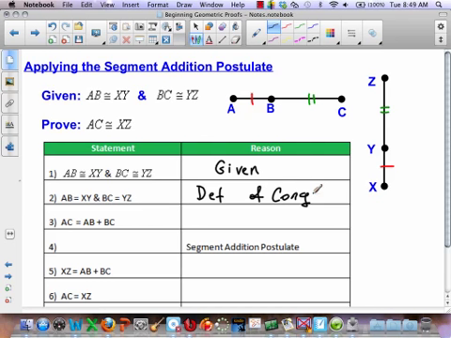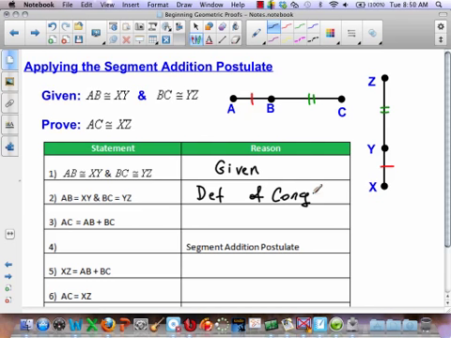So what's happening on line 3? They're showing the segment calculation for AC.